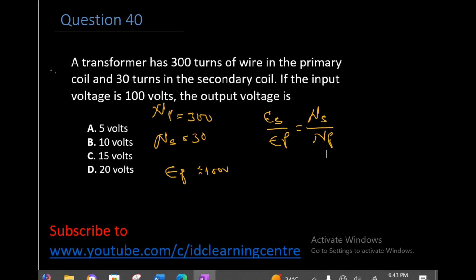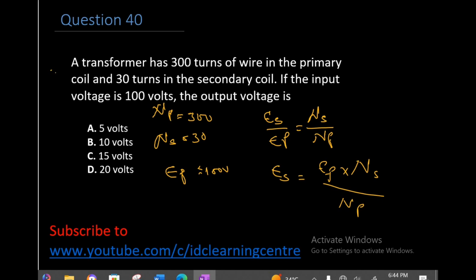So our ES now is going to be equals to EP multiplied by NS all over NP.